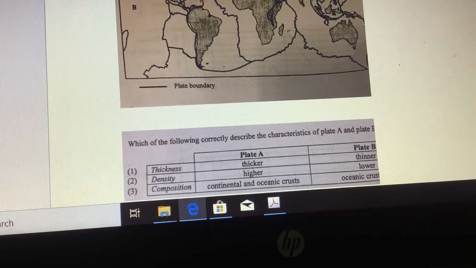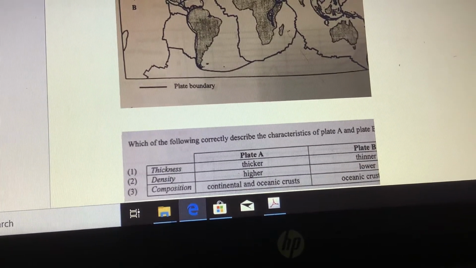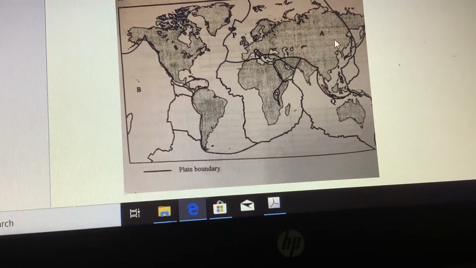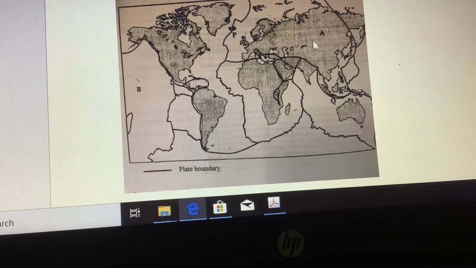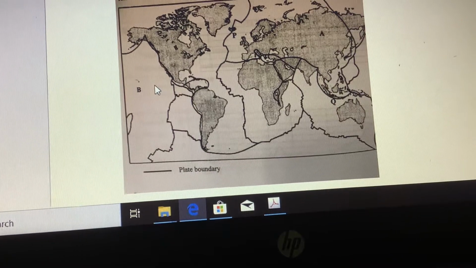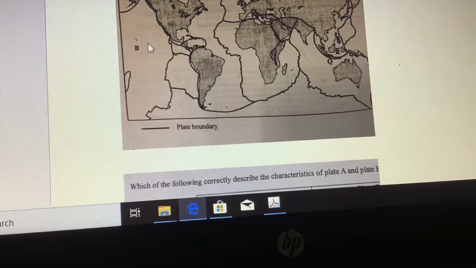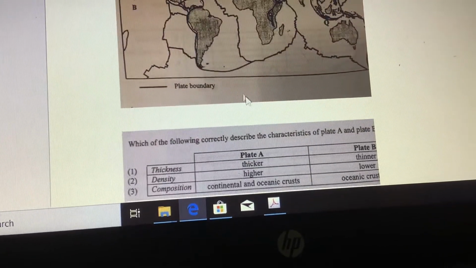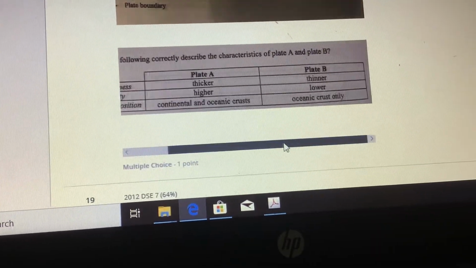Let's get back. Page A and page B. Page A is talking about the Eurasian plate, which is a continental plate, and then page B is talking about an oceanic plate, the Pacific plate. Sorry about the out of focus.